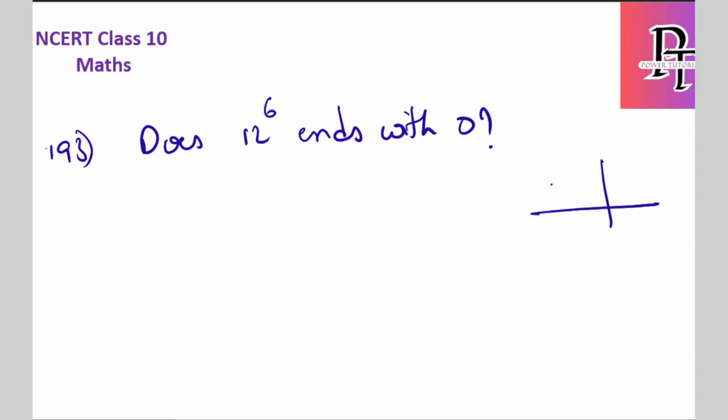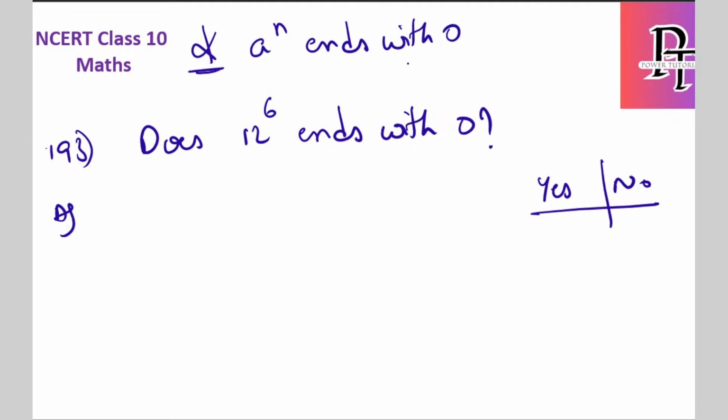Anyway, it is a true or false question, they are just asking yes or no. So here one more important point: if a power n ends with 0, then a should have 2 and 5 as factors. Okay, so if any number power any number, doesn't matter, but if a has prime factors 2 and 5, then definitely a power n ends with 0.